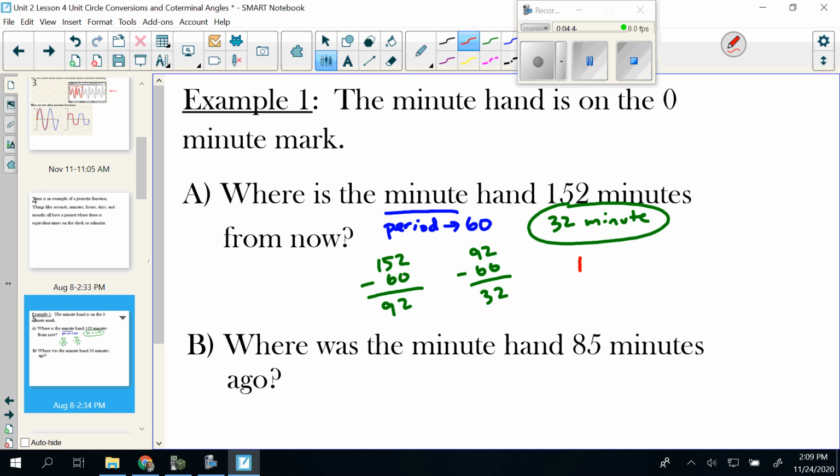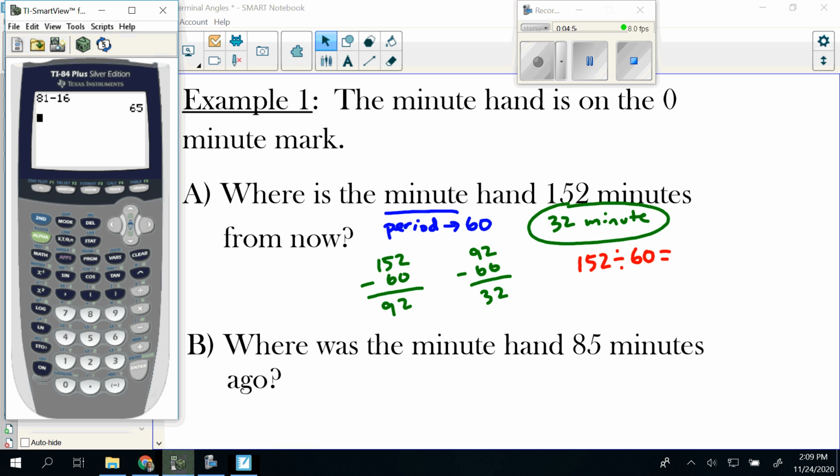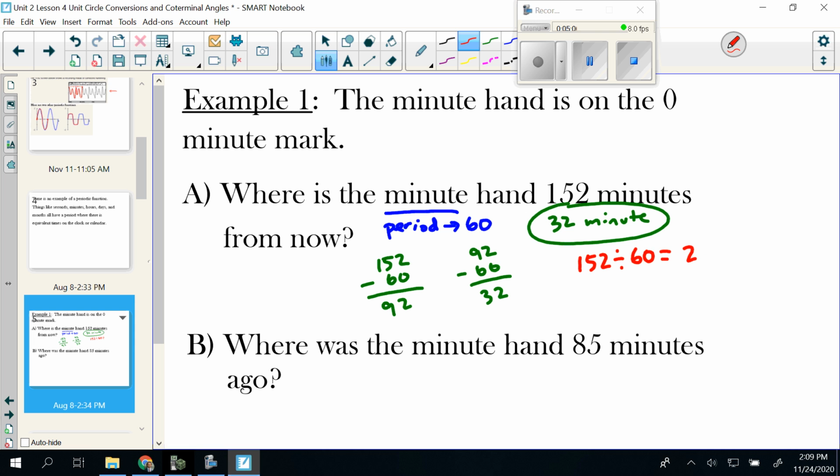So if you take 152 and divide by the period of 60 minutes, let's see what we get. You want a calculator for this: 152 divided by our period of 60 gives us 2.53333 repeating. What does that 2 represent?